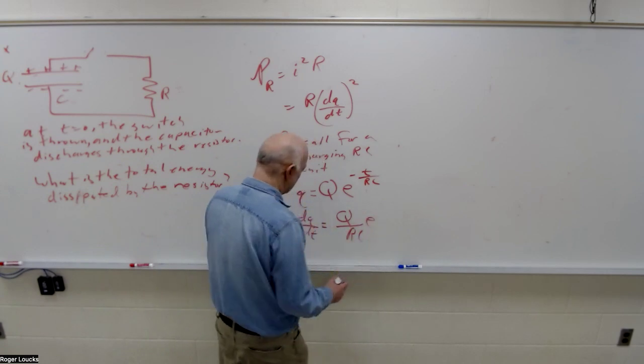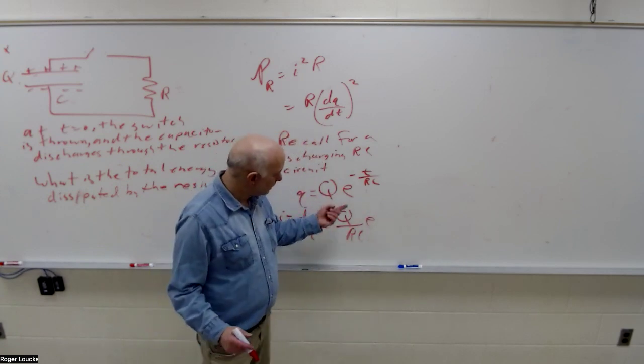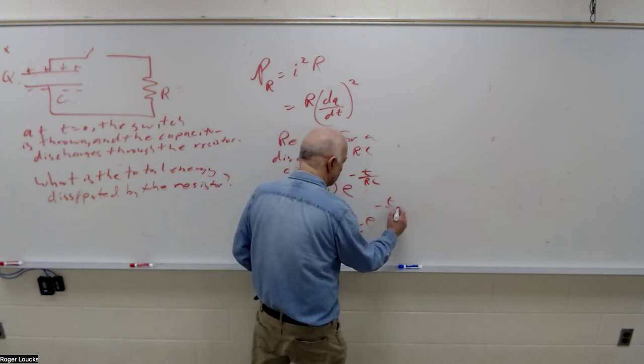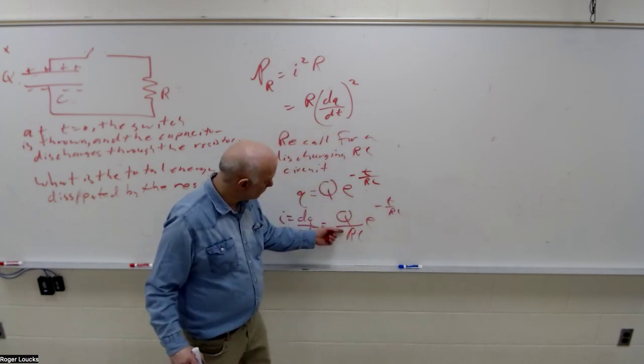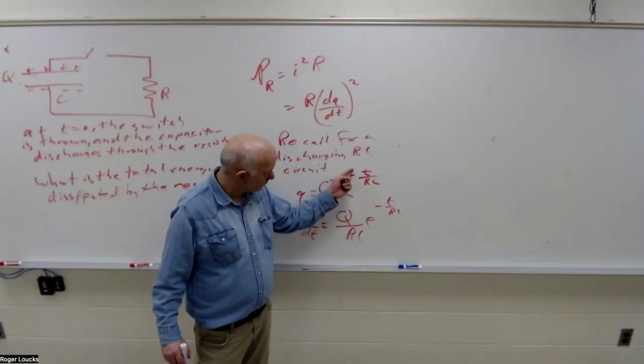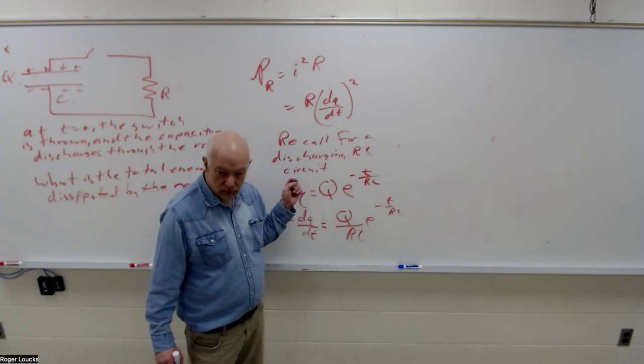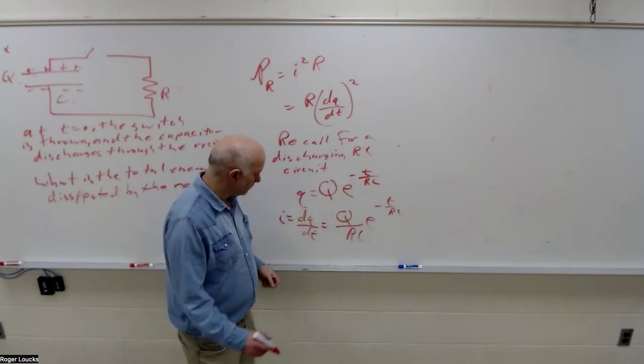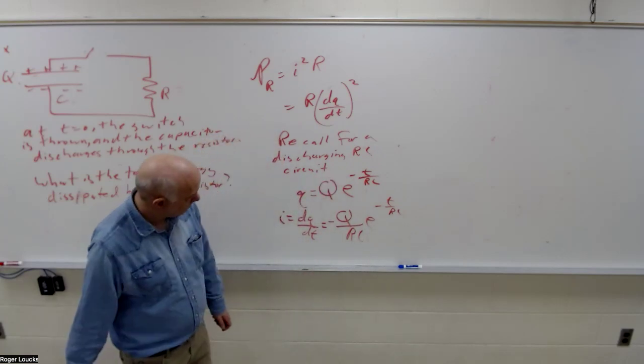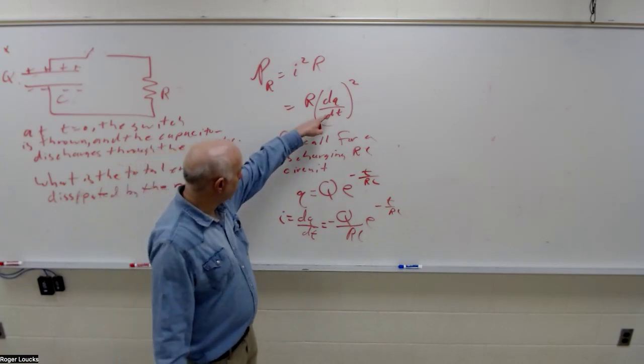Remember what happens with the exponential: it just comes along to the right. But then what goes in front? It's the derivative of this with respect to t, so the derivative is minus 1 over RC. So you get that, okay? And that comes in squared here.